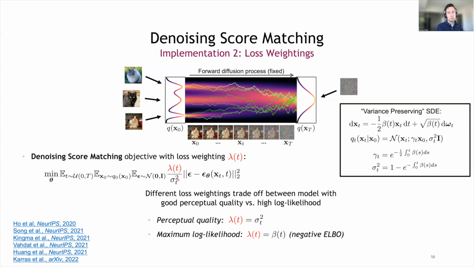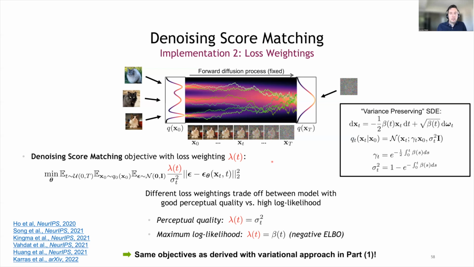On the other hand, if we choose for lambda, for instance, beta of t, which is this hyperparameter of the forward diffusion process, then this whole objective corresponds to training our model towards maximum log likelihood. More specifically, it's a negative ELBO.